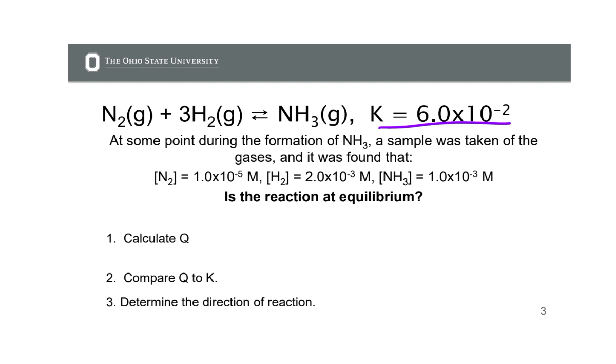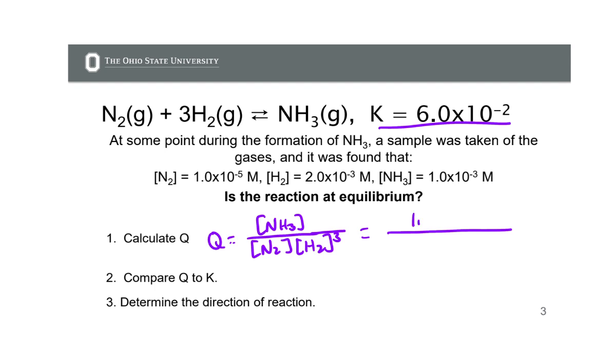So to calculate Q, same as what we would do for K: concentration of ammonia over the concentration of nitrogen times the concentration of hydrogen cubed. And we're going to use these concentrations given to figure out if those are equilibrium concentrations. So in our numerator, we're going to have 1 times 10 to the minus 3.